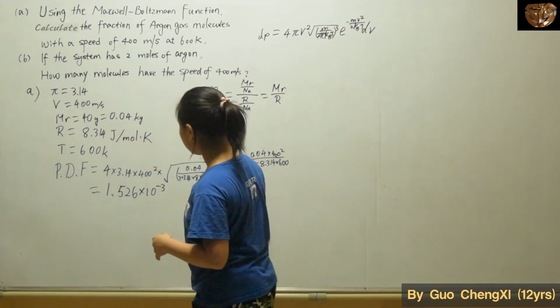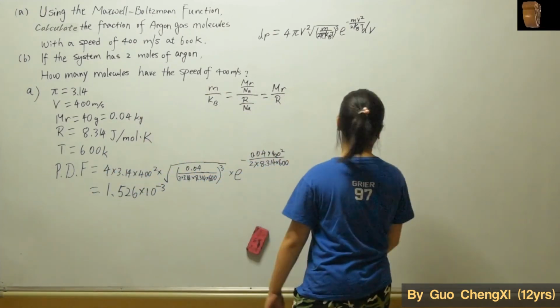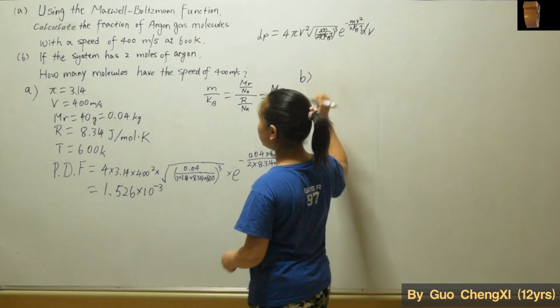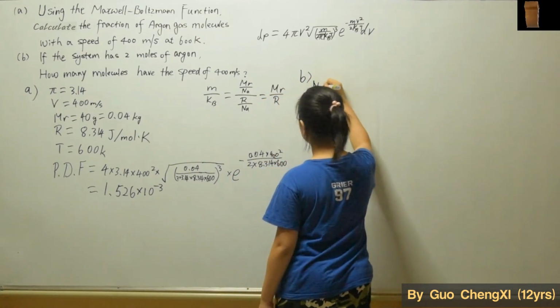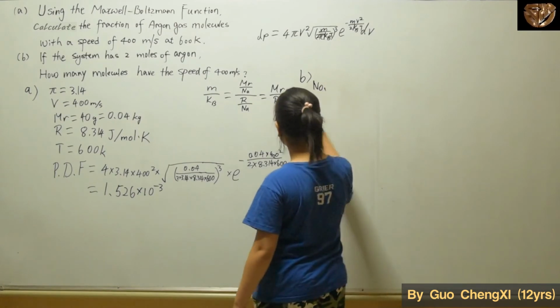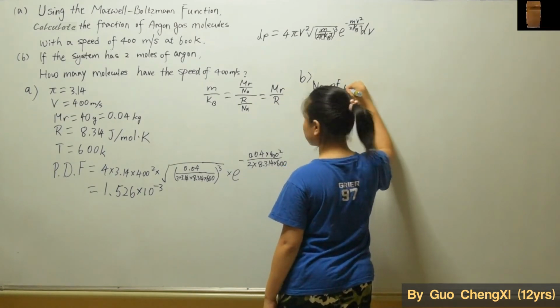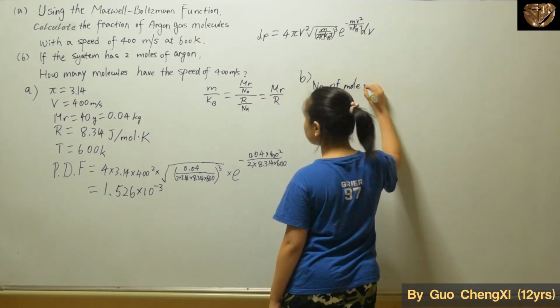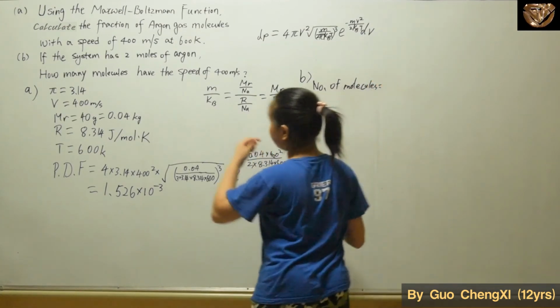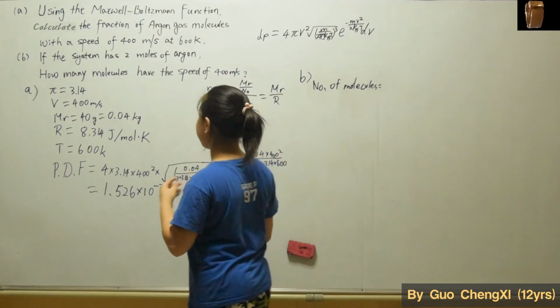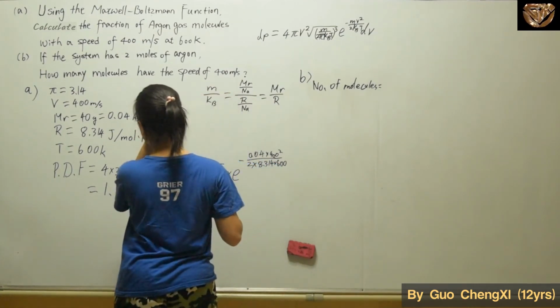And now, so you can just have a quick look. Part B. So, in order to know the number of molecules, which is what we're finding, we can first see if there's all the other variables. So let's first see the argon.